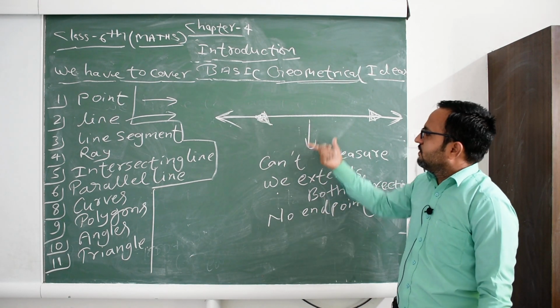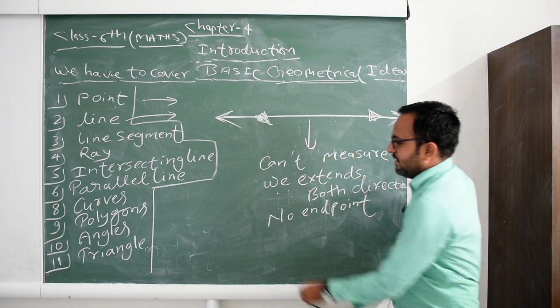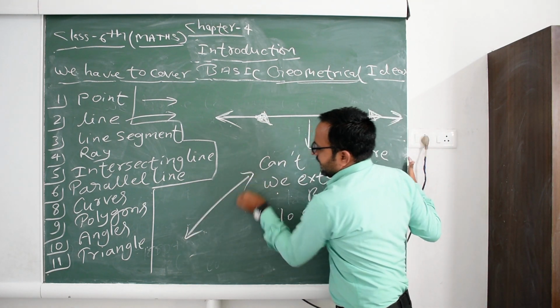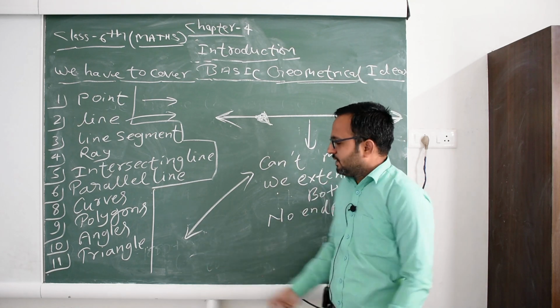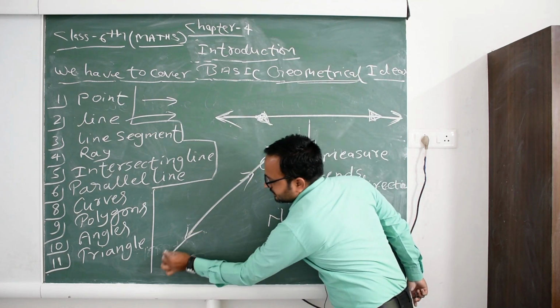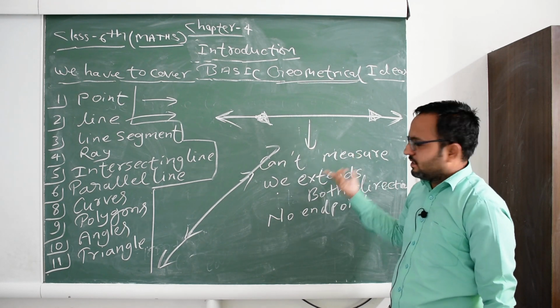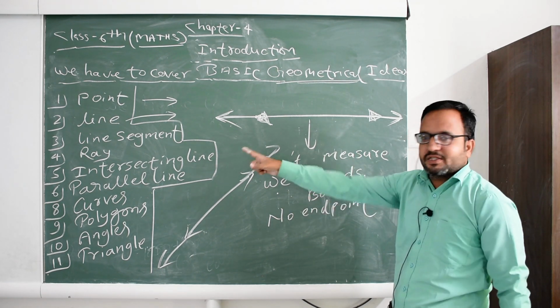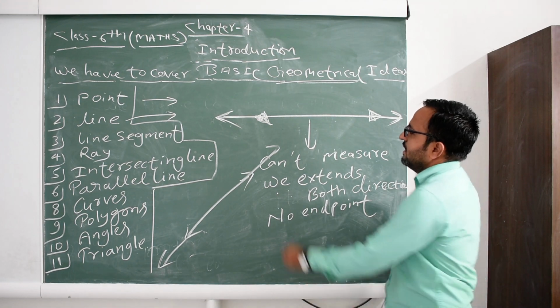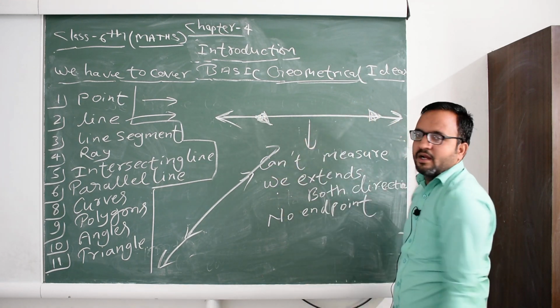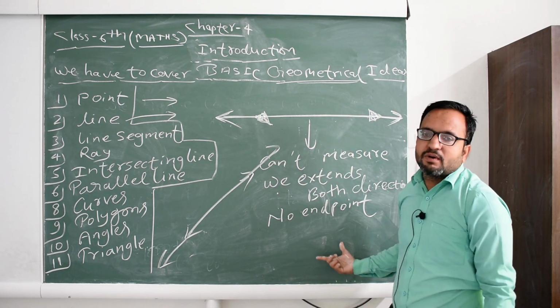So this is a line, and it is denoted by this arrow. We extend both directions, we can't measure it, and there is no end point. Okay, so this is your line.